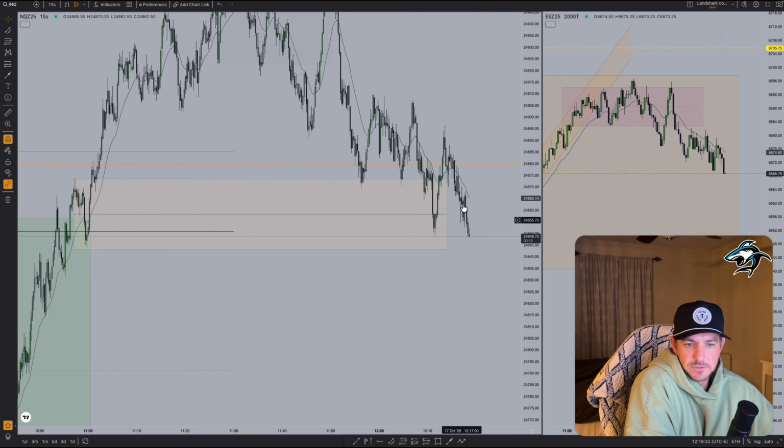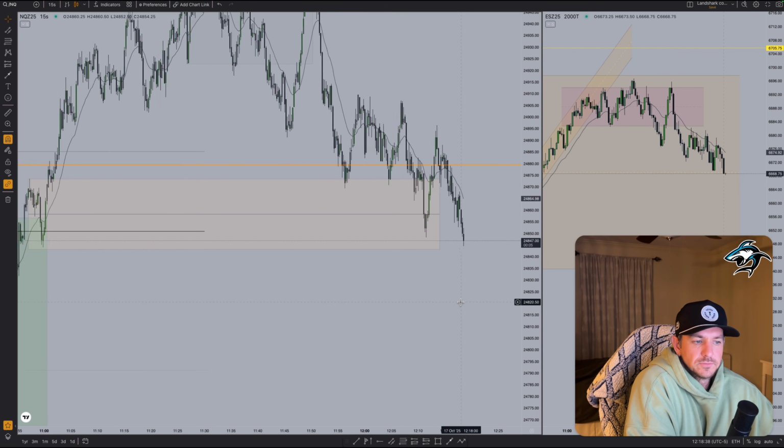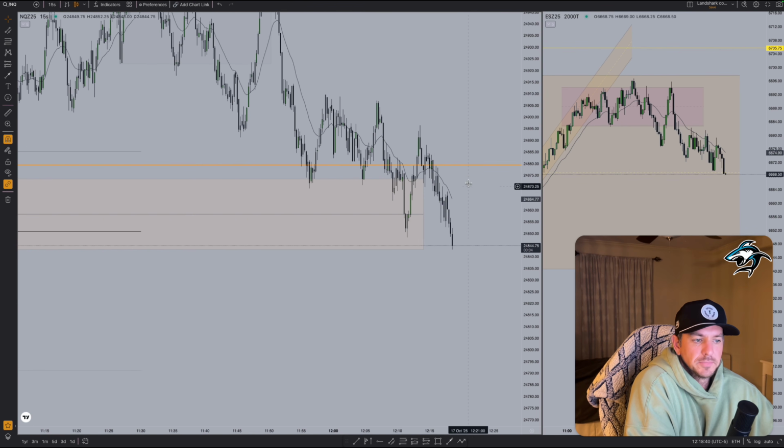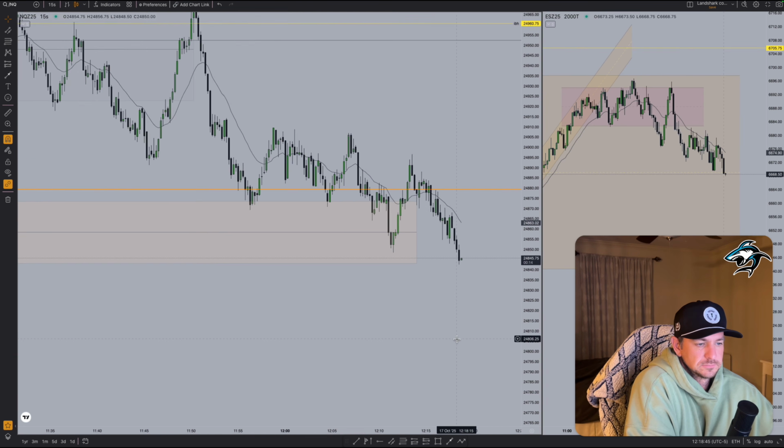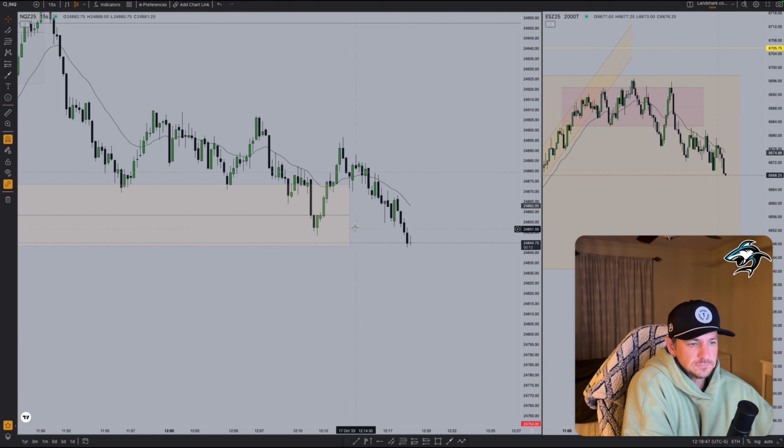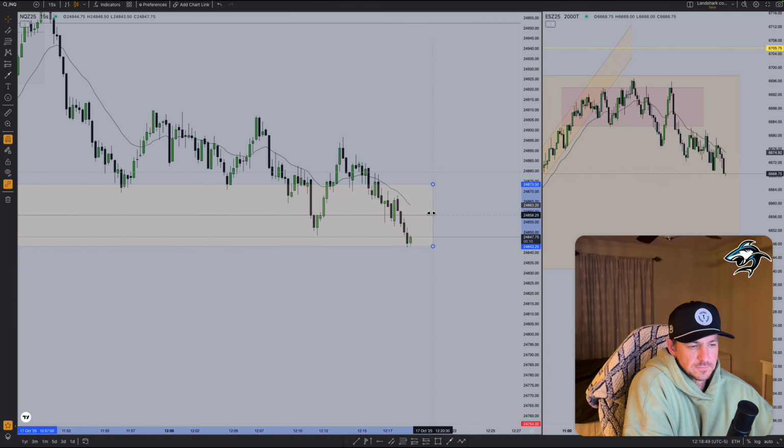So what that type of trade tells me is we're probably going to go a lot lower. Because if we were going to bounce, that's where we bounce from. Remember this area.